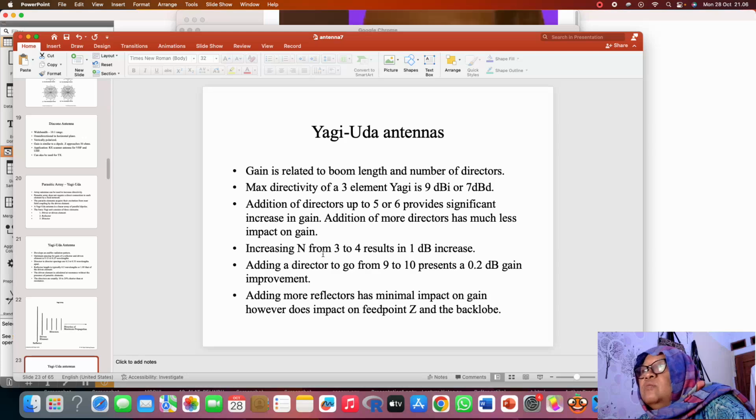Increasing N from 3 to 4 results in a 1 dB increase. Adding a director to go from 9 to 10 presents only a 0.2 dB gain improvement. Adding more reflectors has minimal impact on gain, however, less impact on feed point impedance and the back lobe.